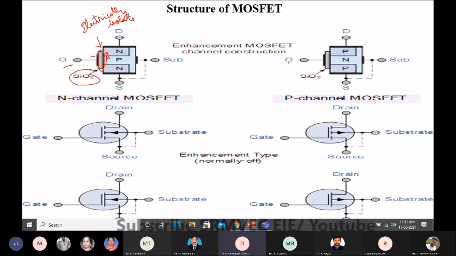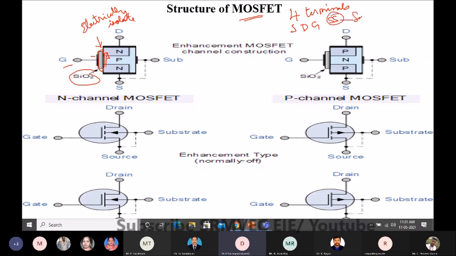And in MOSFET, a very important thing: if you notice physically, there will be 4 terminals, whereas in BJT and JFET only 3 terminals. The 3 terminals we know: source, drain and gate. The fourth one is called the substrate.